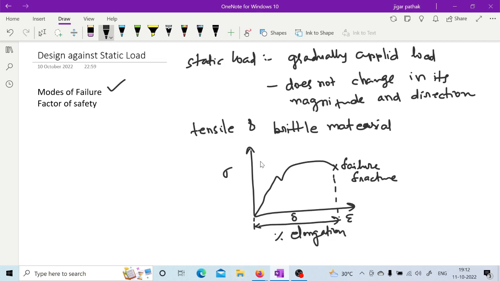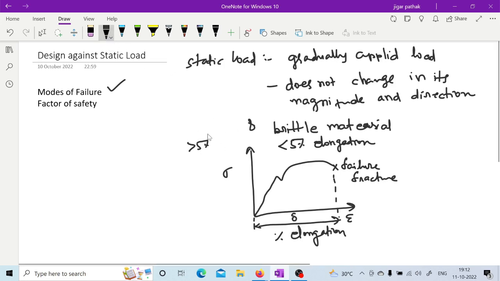So how we differentiate ductile and brittle material is, if a material has less than 5% percentage elongation, then it can be termed as brittle material, and if it is greater than 5% elongation, then it can be termed as ductile material.